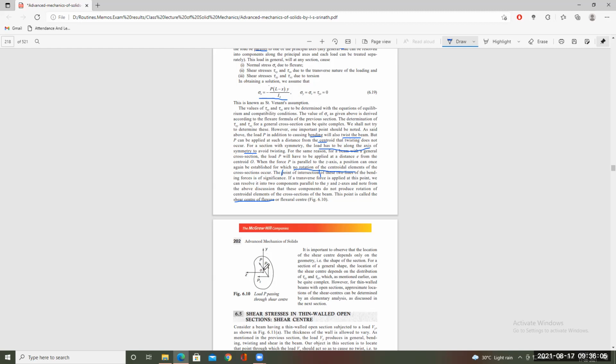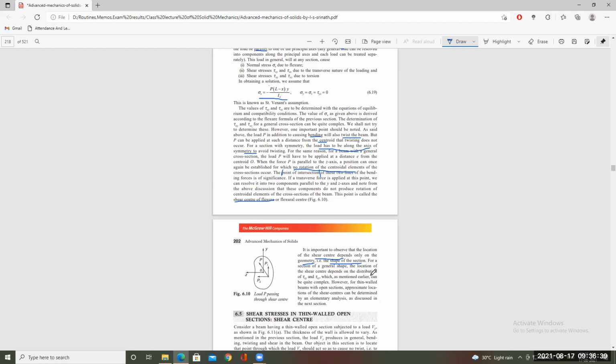As the point is very close to the centroid, and its components P1 and P2 are working very close to the Z and Y axes, it is not creating any torsion itself. So the shear center depends only on the geometry, that is, the shape of the section. This is the general shape of the section, but this type of section is not used anywhere in practice. We have some specific sections for our practical purposes.